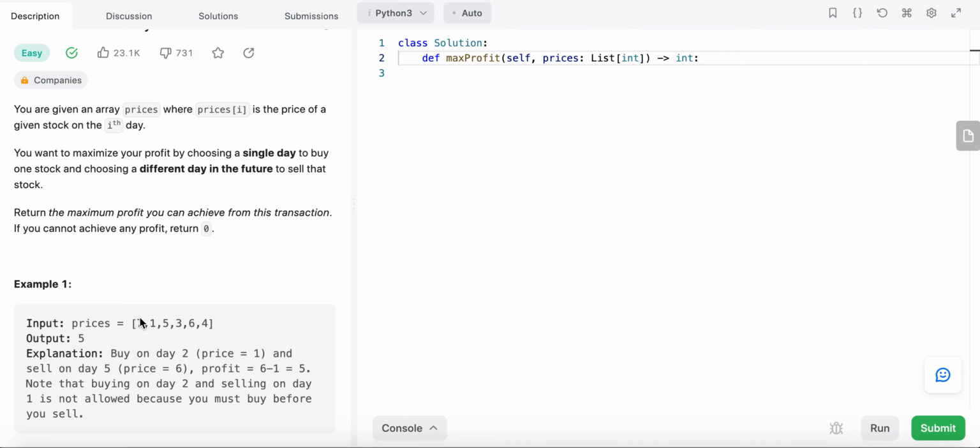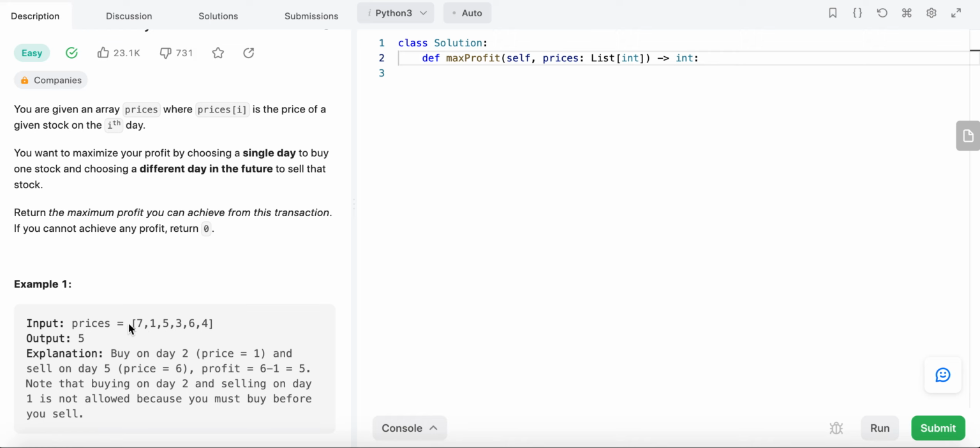As we are going through every element in this prices array, say we are currently at day 3, we are trying to find what the maximum profit so far is. That means we need to find the minimum price in the history.